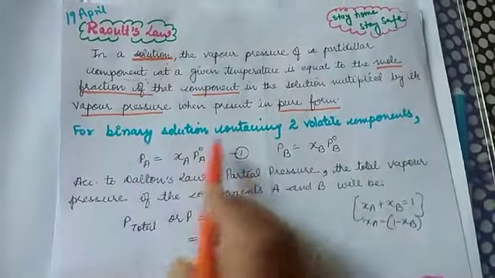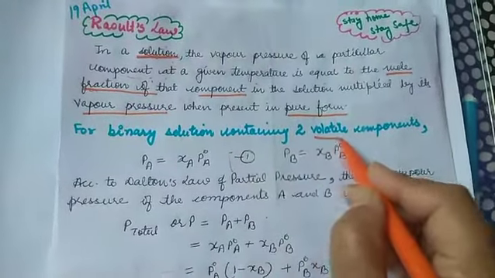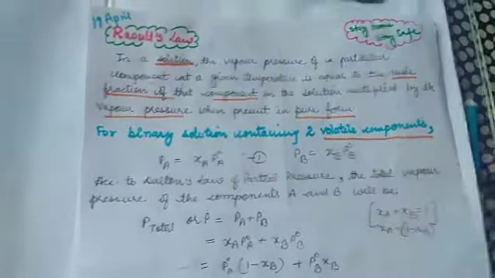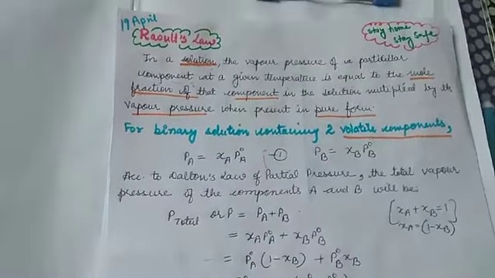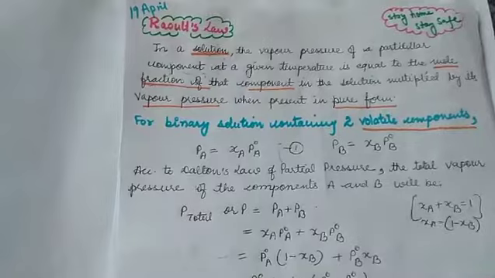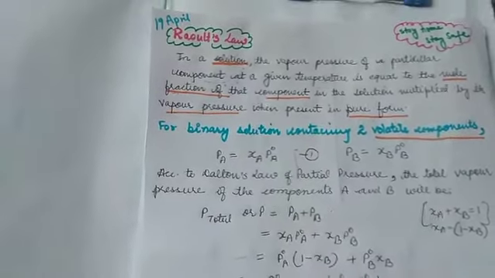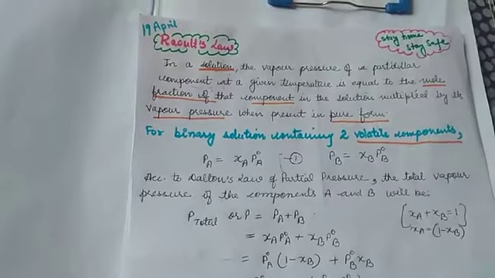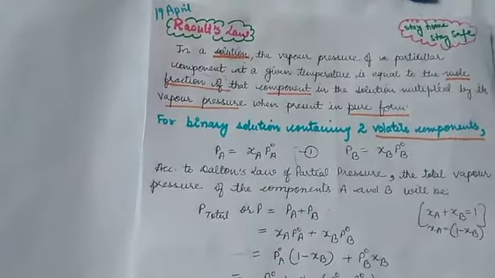Now, for a binary solution containing two volatile components. What do you mean by two volatile components? Two volatile means those which will form vapors. Clear? As we know, due to the formation of vapors, there will be vapor pressure. The more the formation of vapor, the more the vapor pressure.